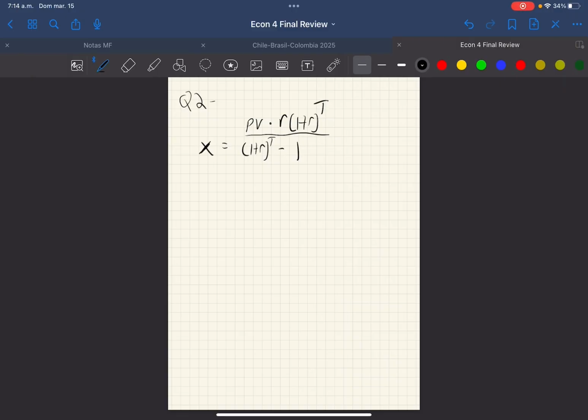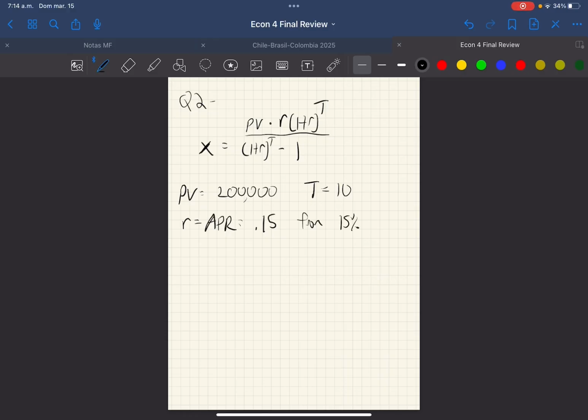So then the purchase value is 200,000. T is 10, so 10 years. And R is the APR given in this question, which is 0.15, from 15%.